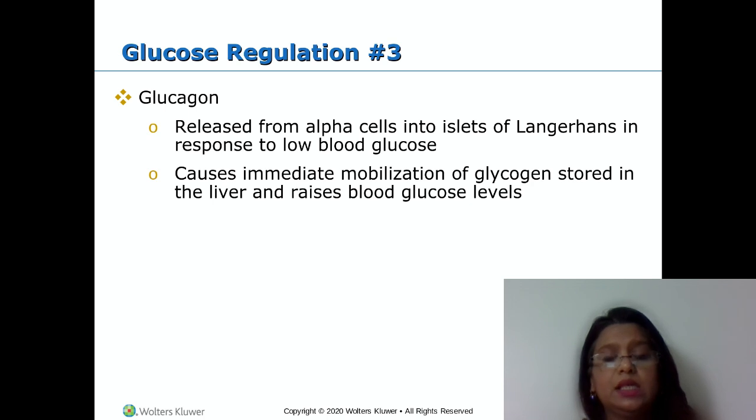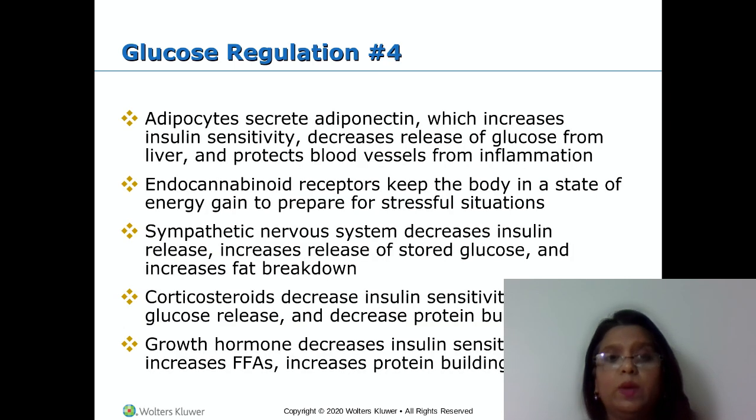So basically, there are always those reversal hormones that will reverse the effects of, like, insulin's effects are reversed by glucagon. Glucagon will end up increasing the blood sugar. Insulin decreases the blood sugar, glucagon will increase the blood sugar. It causes immediate mobilization of glycogen stored in the liver and raises the blood sugar level. Okay, reversal, like it's like reverse this, right?